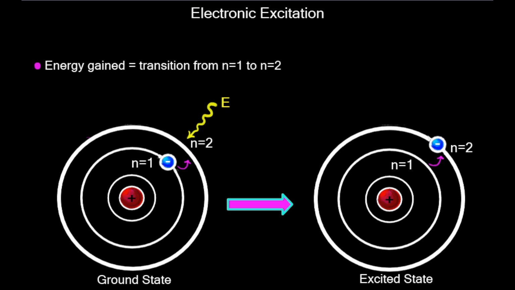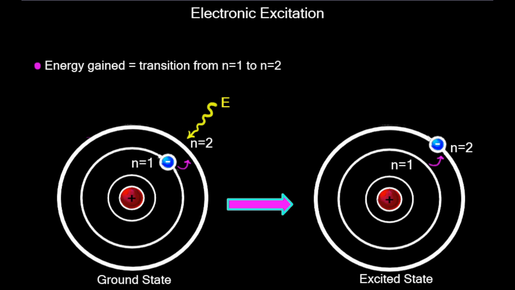The electron has gained the precise amount of energy needed to jump from n equals 1 to n equals 2. The hydrogen atom on the left is in the ground state because its electron is at the lowest and most stable energy level, or n equals 1. The hydrogen atom on the right is in an excited energy level or excited state because its electron is now located at n equals 2.